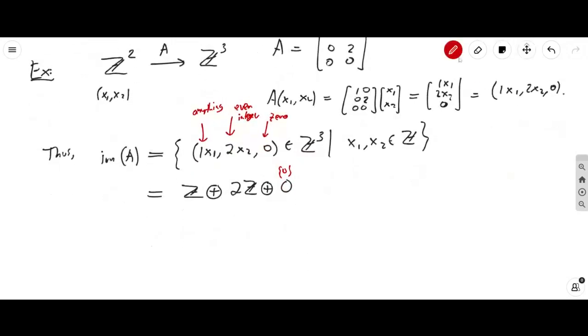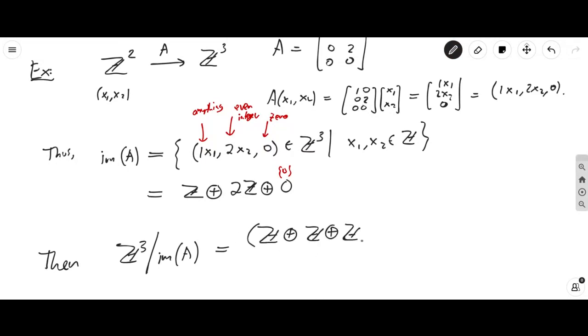So now we can calculate what the co-kernel is. If we do Z3 mod the image of A, we would write Z plus Z plus Z, three copies of Z, and then we mod out by the subgroup Z plus 2Z plus 0.